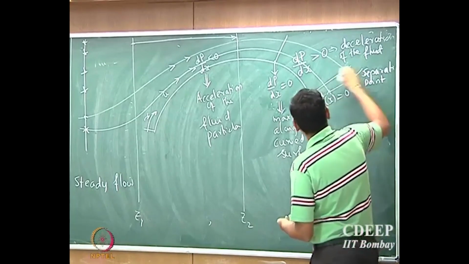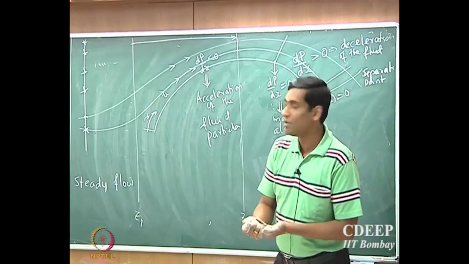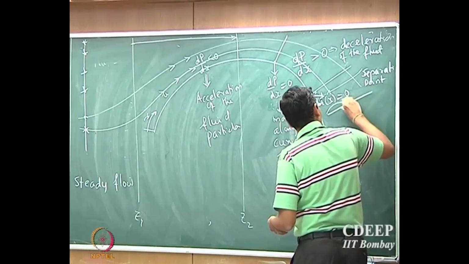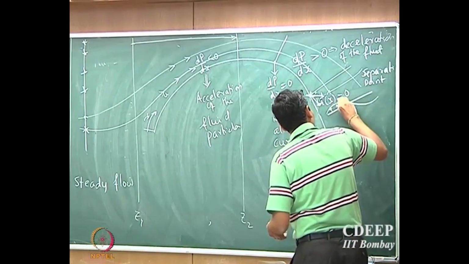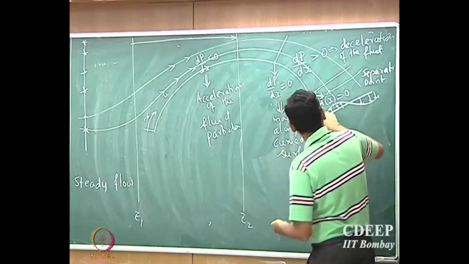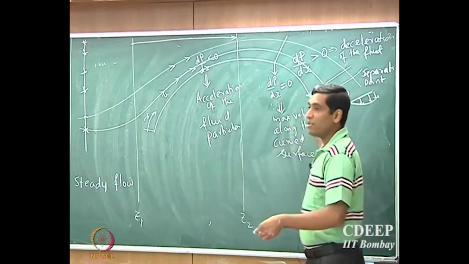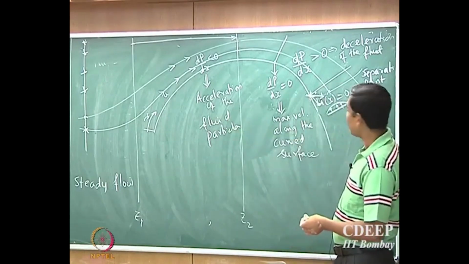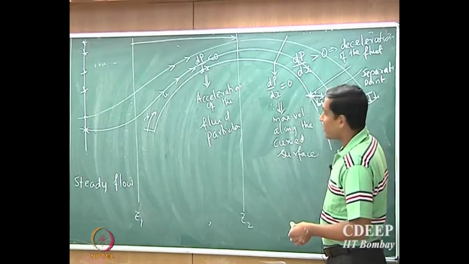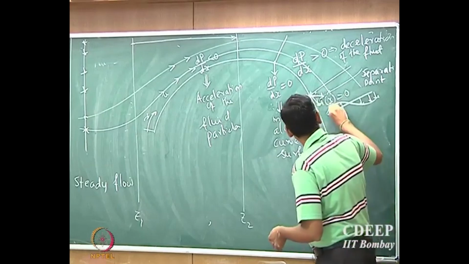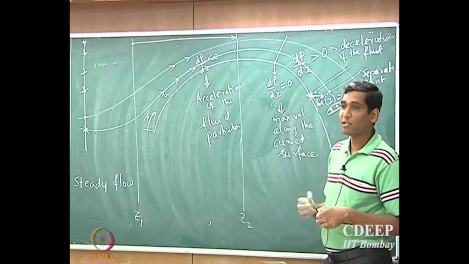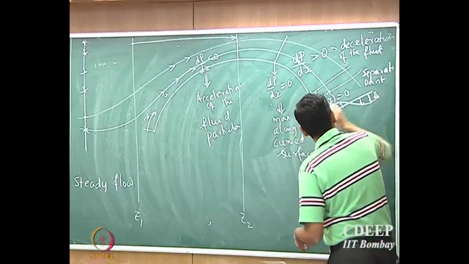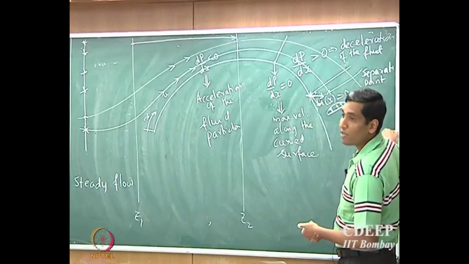So in order to keep up with the adverse pressure gradient, the particles will start moving in the backward direction. You will start having a velocity profile where the fluid close to the cylinder, note that this is at the leading edge of the cylinder, not at the lagging edge, will start moving in the reverse direction because it's not able to sustain the adverse pressure gradient, while particles far away from the surface continue to move in the forward direction.